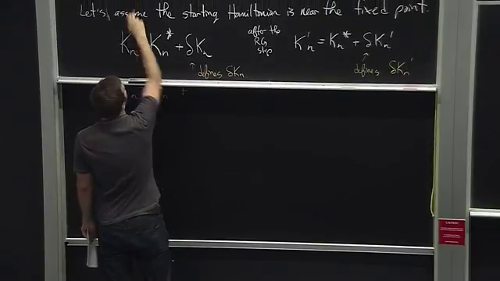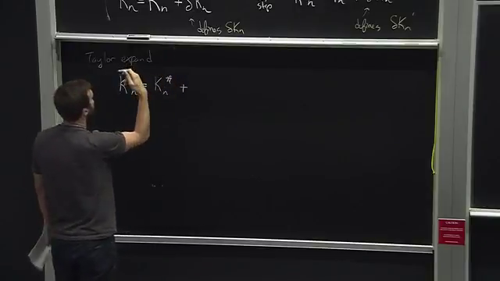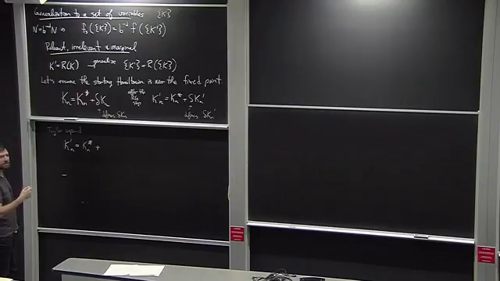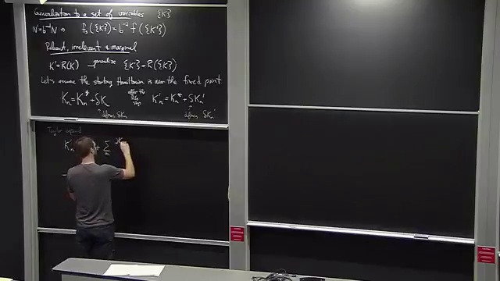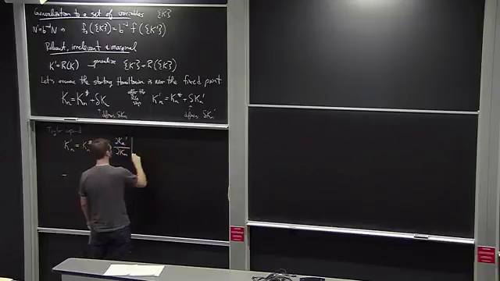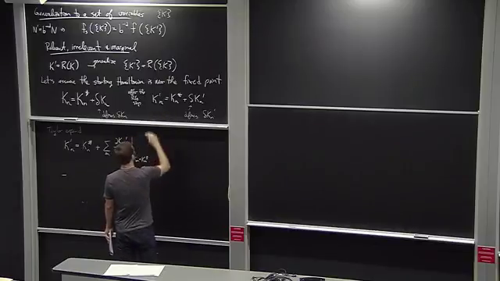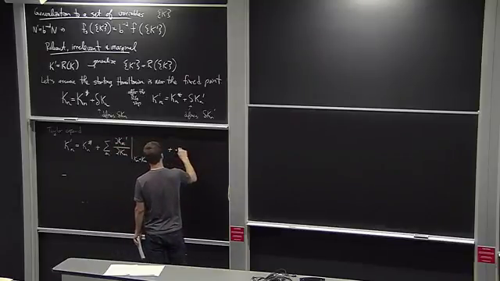Right, so I'm starting from here. Because R of K star is just K star, now I need the derivative, the multivariate version of that, just by definition of the Taylor expansion. And this has to be evaluated at the fixed point. Then I can write this in terms of delta K and M, plus higher order terms.